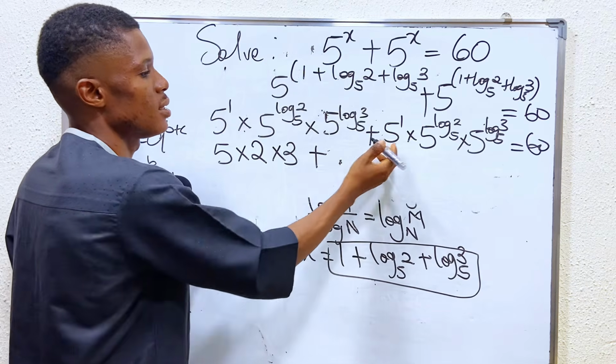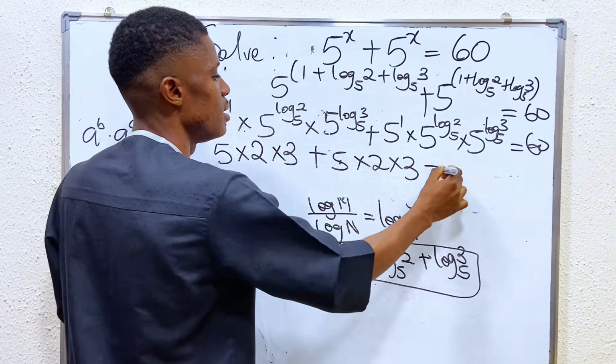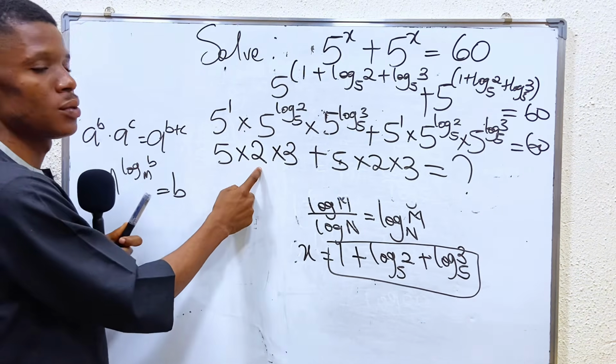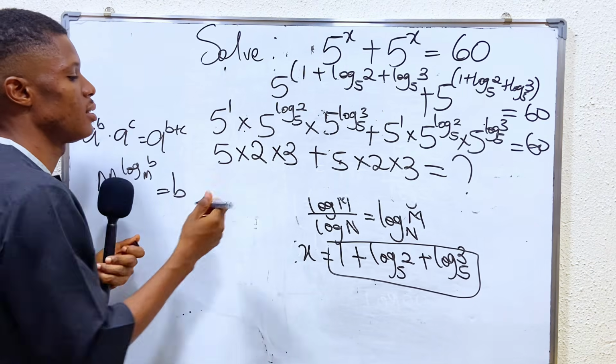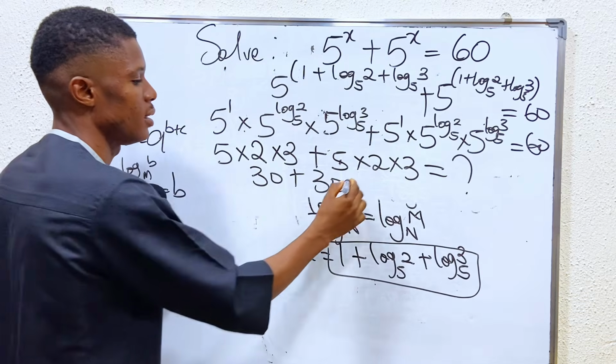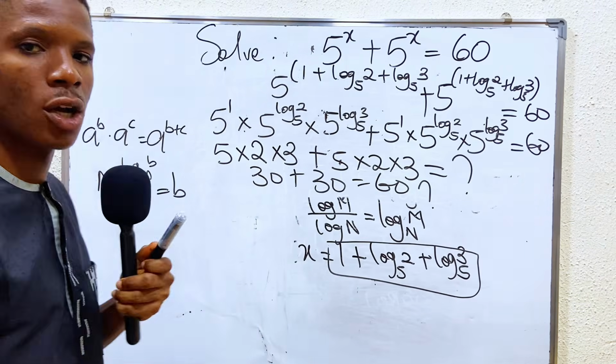Then plus, same thing, 5 times 2 times 3. Is it actually 60? 5 times 2 is 10. 10 times 3 is 30. 30 plus 30 is exactly 60. So therefore, our answer is correct.